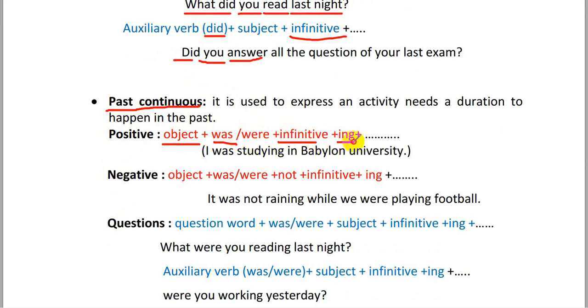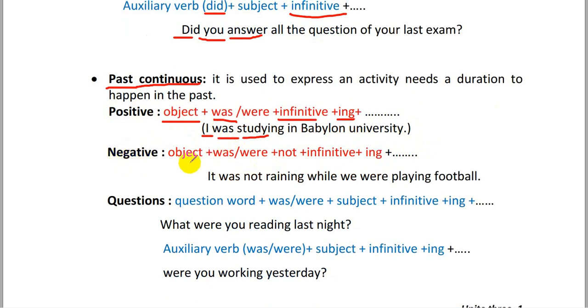Infinitive plus ing plus the completion of the sentence. For example, I, the subject, was studying, plus ing, in Babylon University. That means my study in Babylon University took time in the past. يعني دراستي في جامعة بابل لم تحدث للحظة أو ليوم، وإنما استمرت لفترة من الزمن، ولذلك استخدمت الماضي المستمر.